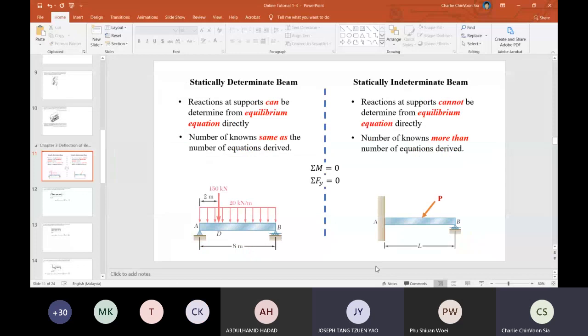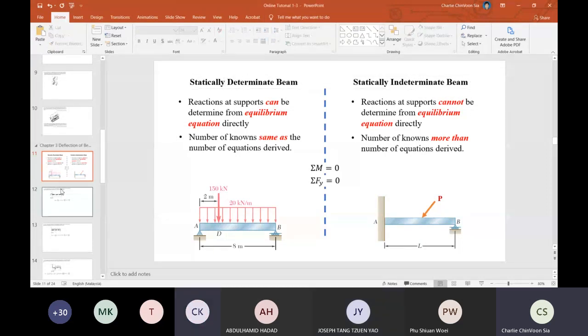Regarding this, statically determinate beam and statically indeterminate beam. Do you recall these two? I think in the last lesson I actually planned to talk about this, but eventually we are in MCO now, right? So for this one, I just need to go through a little bit.